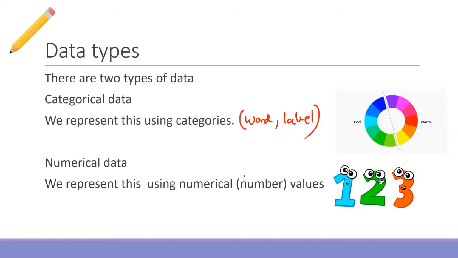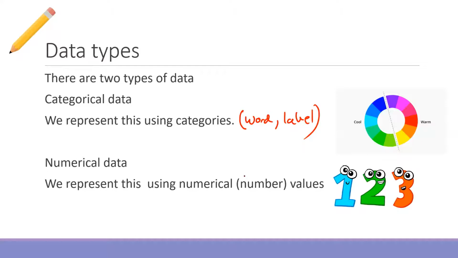Numerical data, we represent this using numerical or number values. And we're going to talk about what these mean in a bit more specificity in a little bit. But those are the basics. So if I ask you what type of color something is, that is going to be a category, because it's a color as a category. There are so many different categories: different sports, actors, locations, capitals around the world, countries around the world.